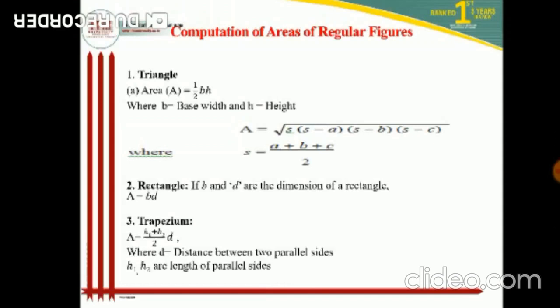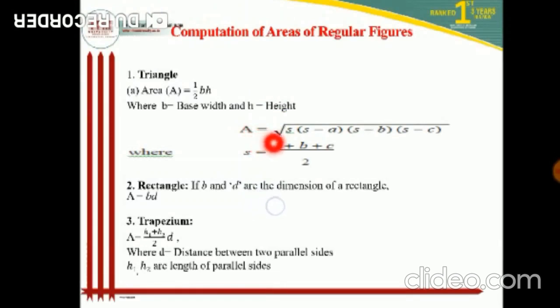If our land is like a triangle, then we calculate the area by the formula 1 by 2 base into height, where b is the base width of the triangle and h is the height of the triangle. Another formula, called Heron's formula, is also used for calculation of the area of a triangle.